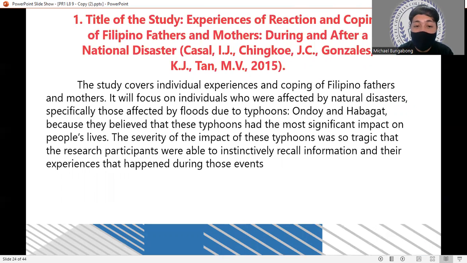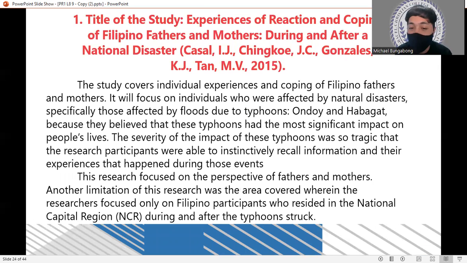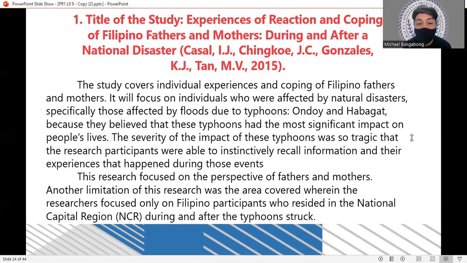The severity of the impact of these typhoons was so tragic that the research participants were able to instinctively recall information and their experiences during the events. This research focused on the perspective of fathers and mothers. Another limitation of the research was the area covered, wherein the researcher focused only on Filipino participants who resided in the National Capital Region, NCR, during and after the typhoon struck.